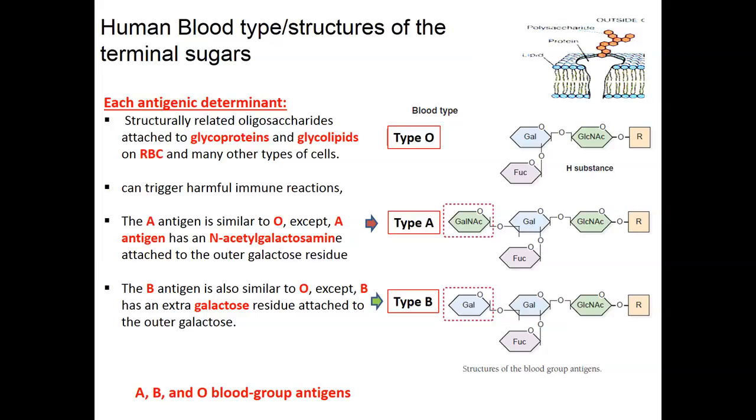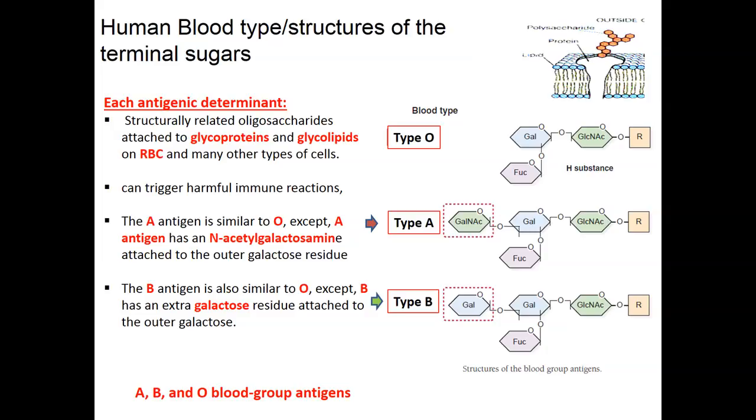Now the type B also has a galactose on top of everything that the type O has. So these differences create a kind of antigenic property. So somebody who has a type O basically has an antibody against it. So you do not want to give them the type A blood or type B blood. If not, the person will react.